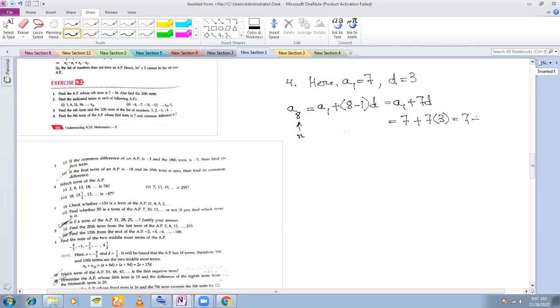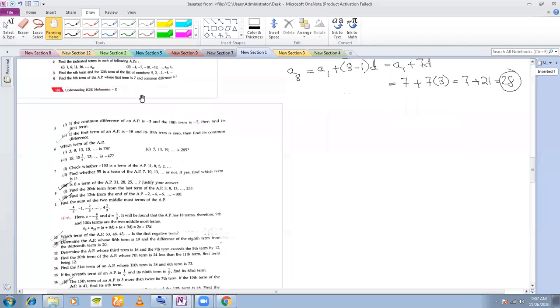So you get 7 plus 21, which is 28. So the eighth term of this AP, whose first term is 7 and the common difference is 3, will be 28. That's it. That's the most basic application of your nth term formula. Let us see 5.2.